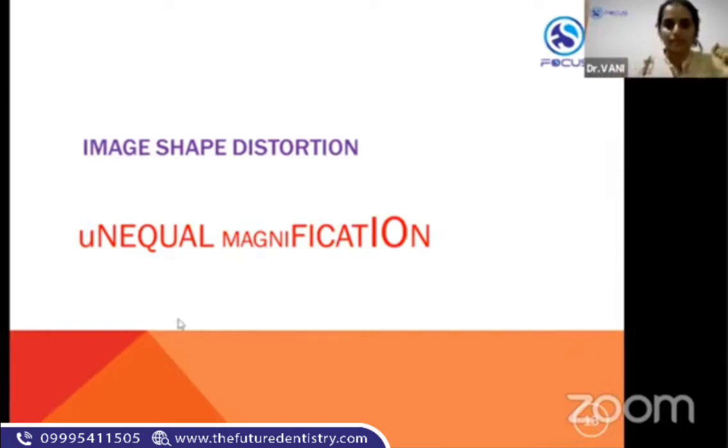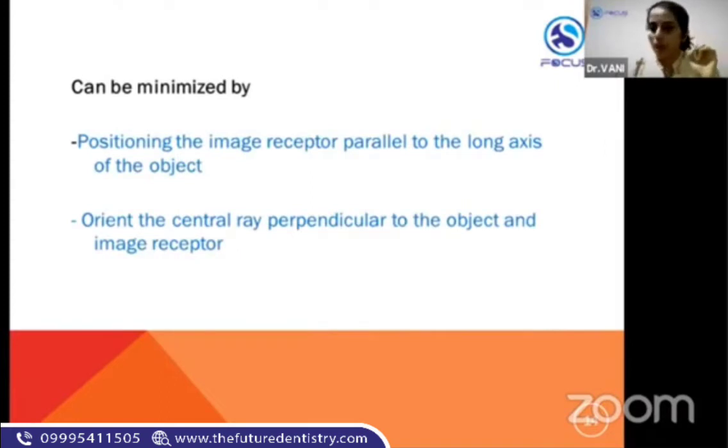So to avoid image shape distortion, you have to position the image receptor parallel to the long axis of the object. That is, the X-ray film should be placed parallel to the long axis of the object being imaged. The second key point is the central ray of the X-ray beam should be perpendicular to both the object as well as the image receptor.